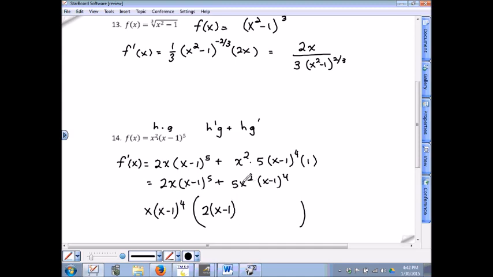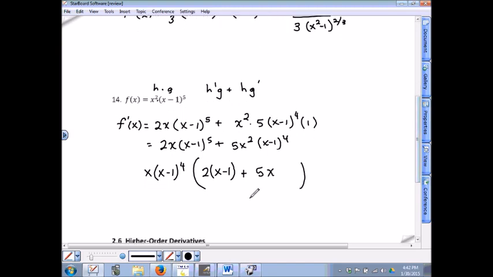And then if our common factor is factored out of the second term, that's going to leave a 5x. Okay. And then 2 times the quantity x minus 1, that's just 2x minus 2. Combining like terms inside the parentheses there, we're going to have x times x minus 1 to the 4th times 7x minus 2.